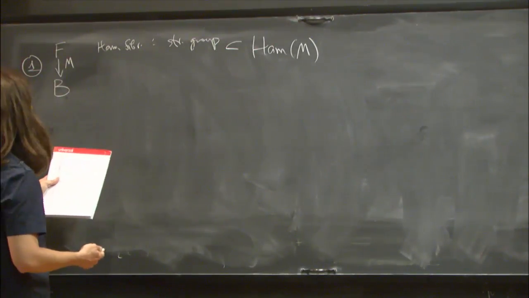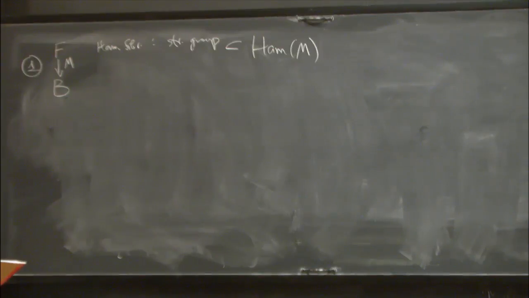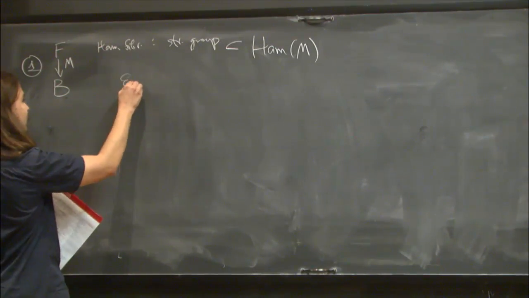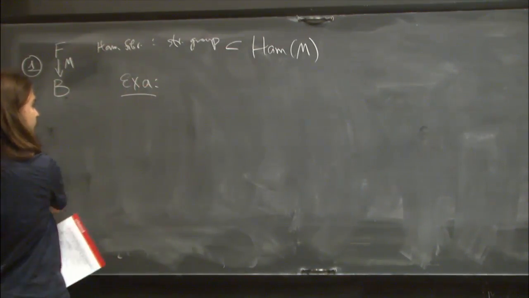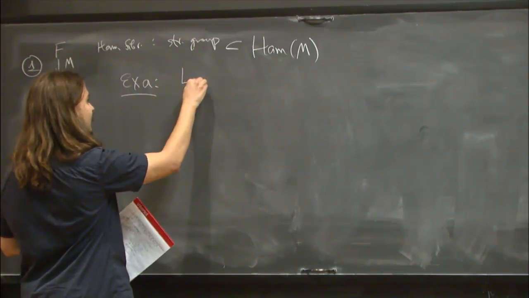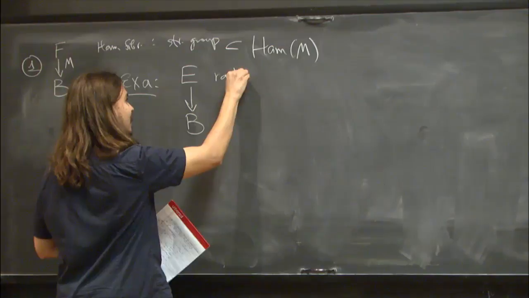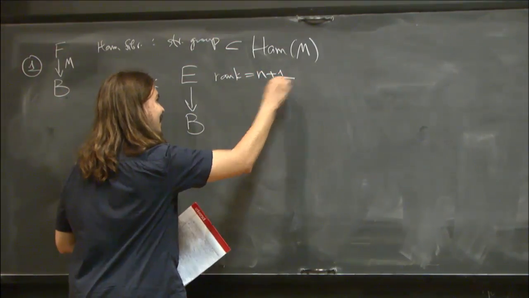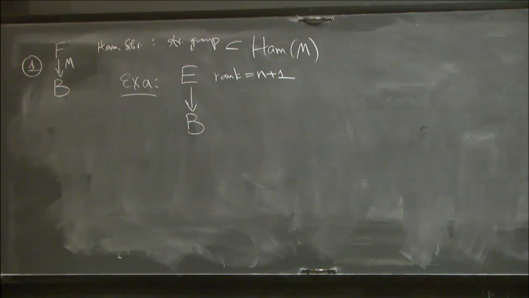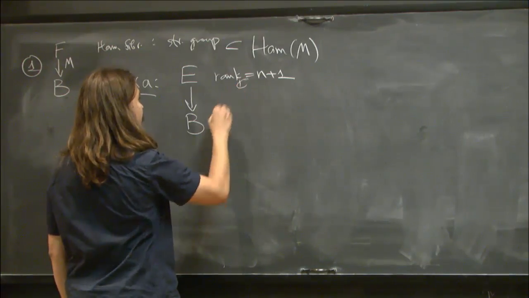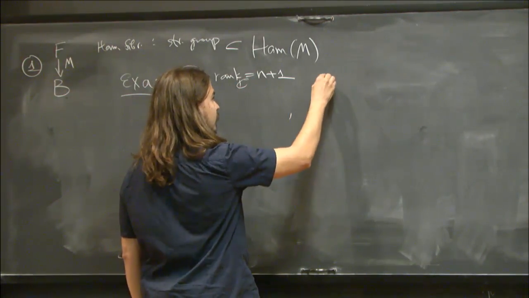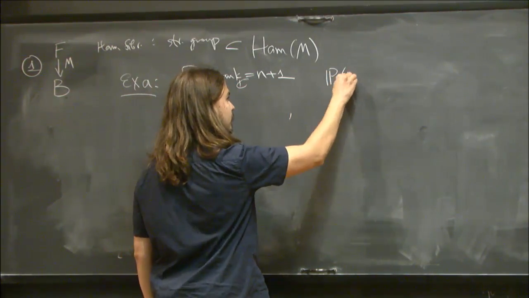And so once again, an example even easier than that one: take a complex vector bundle of rank n plus 1 and just take the projectivization.